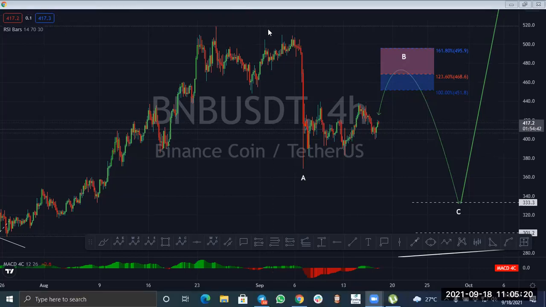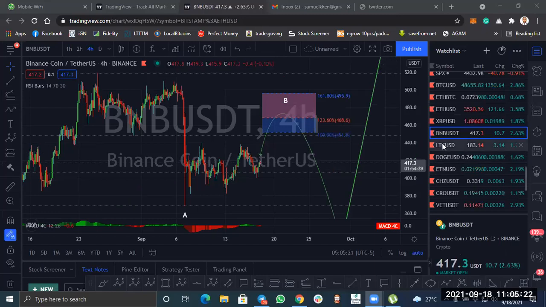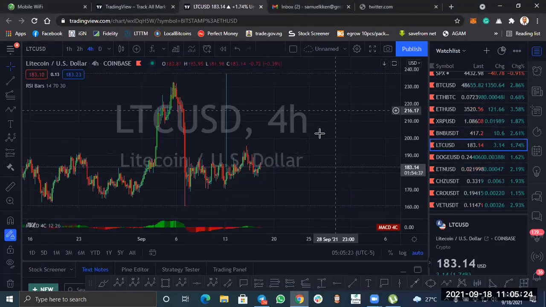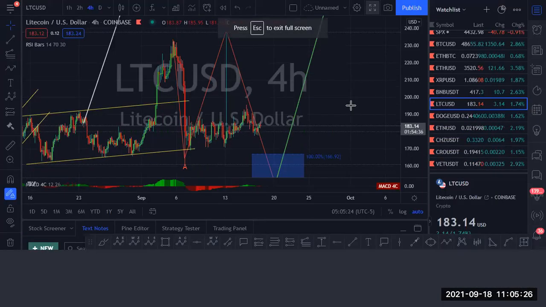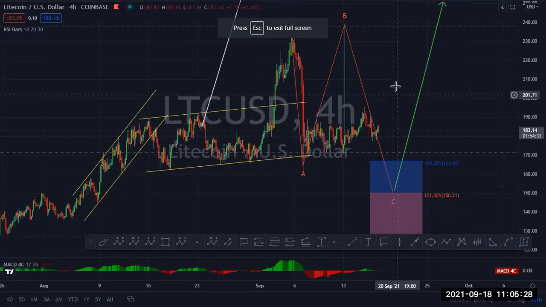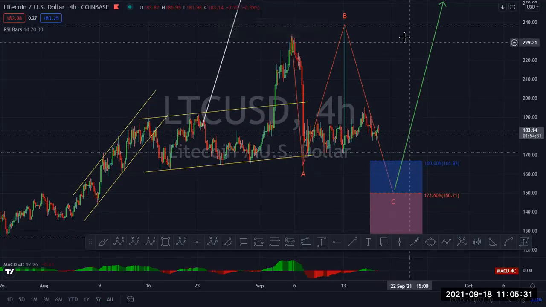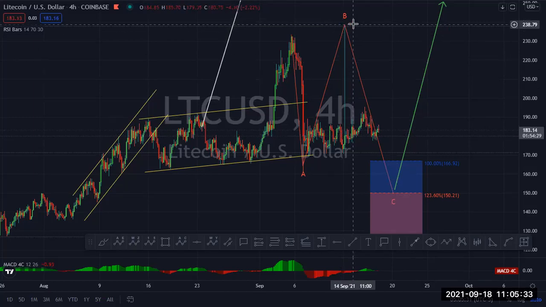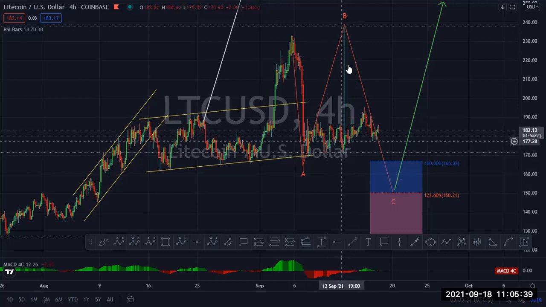Having said that, we move to the next, Litecoin. Litecoin has almost completed ABC. You know, I don't know why this happened, but that's one of the things I tell you, unless we have a sharp move. This is a typical example.